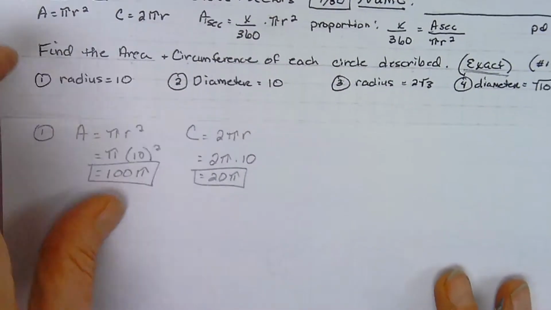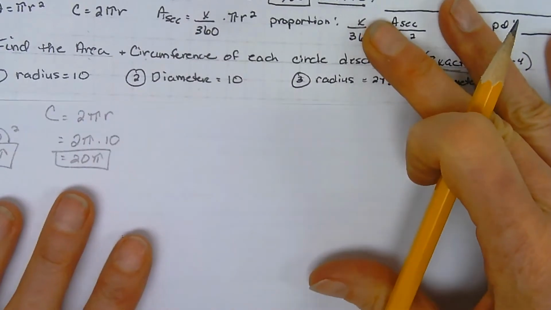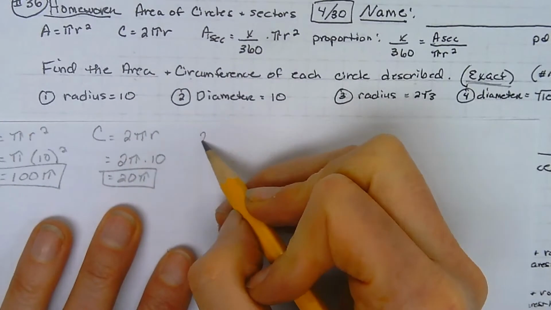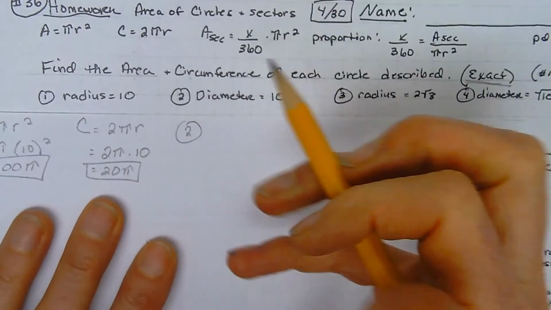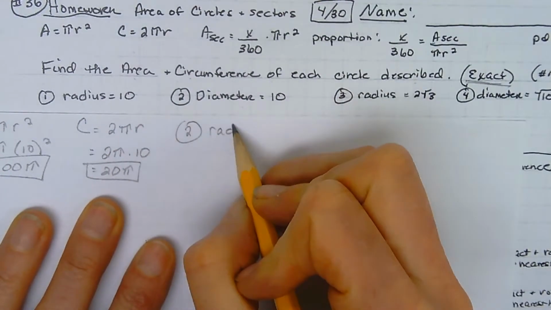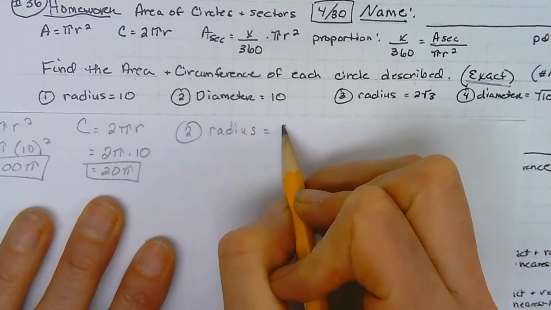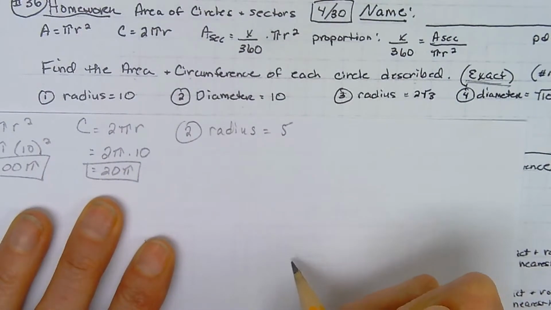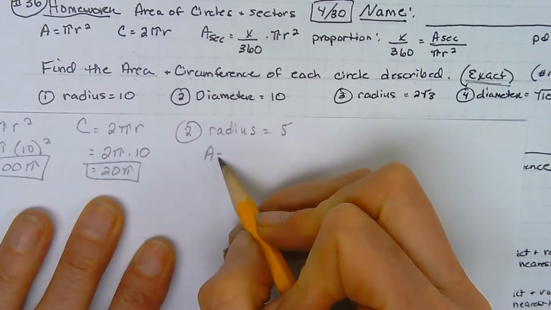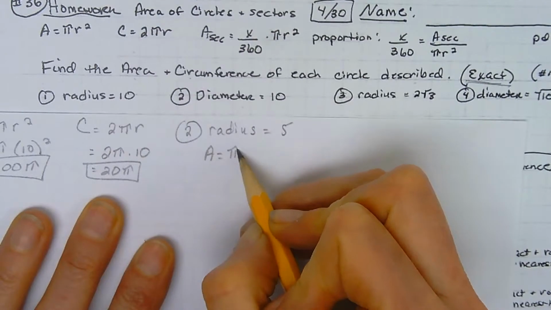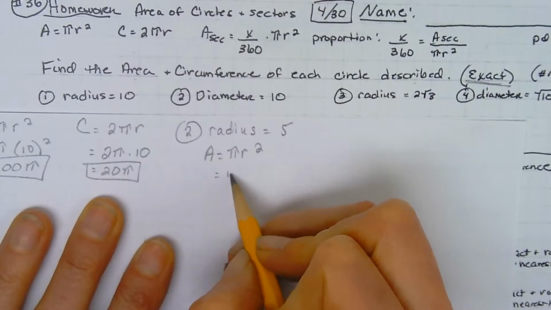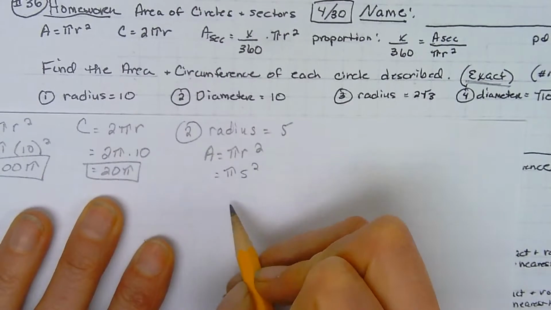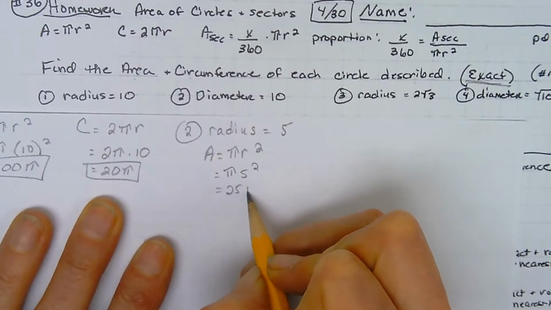Number 2. If the diameter of a circle is 10, then the radius is half of that. Remember, the radius is half the diameter, so the radius is 5. To find the area of the circle, pi r squared, pi 5 squared, which is 25 pi.